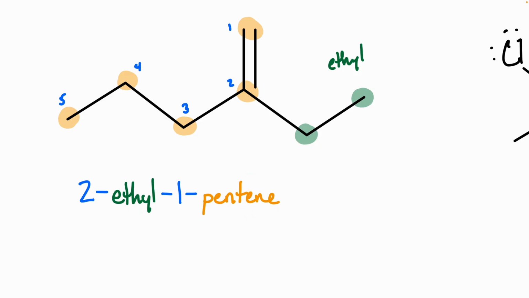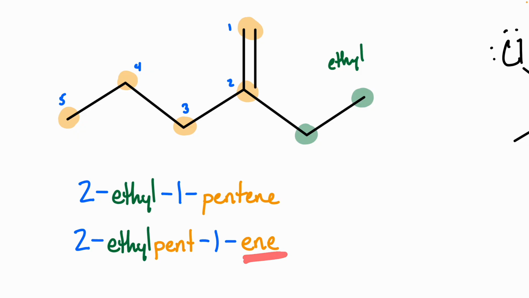So what I would be allowed to do is to instead say 2-ethylpent-1-ene, where again, the location of that functional group, carbon 1, I've moved directly in front of that ene suffix. Both of these are perfectly acceptable names. Again, sometimes we're going to have to do this, and we'll see that in the future.